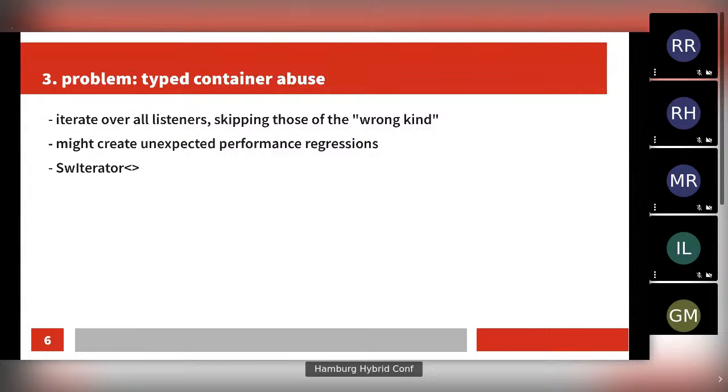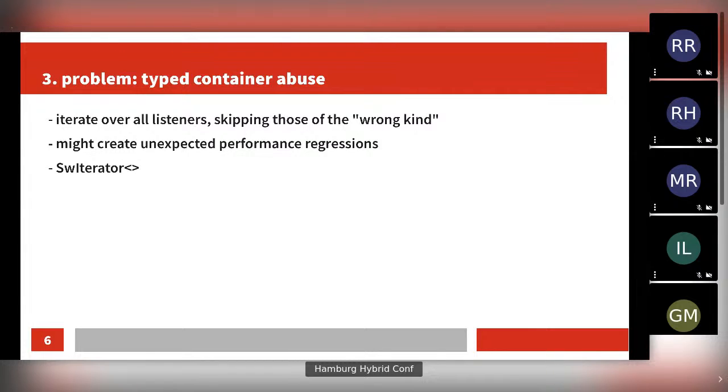Yeah, and the next thing is type container abuse. Well, you have one thing, which is the stuff you're observing, and multiple listeners listening to it. And that's kind of a container of those things that are listening. So I can also use this to iterate through it.